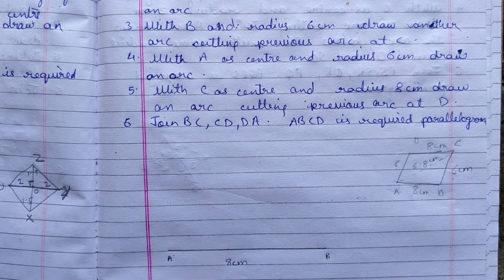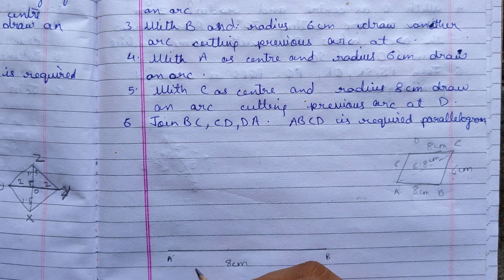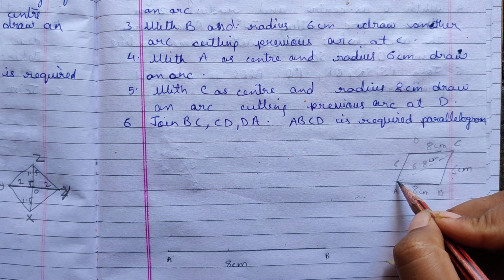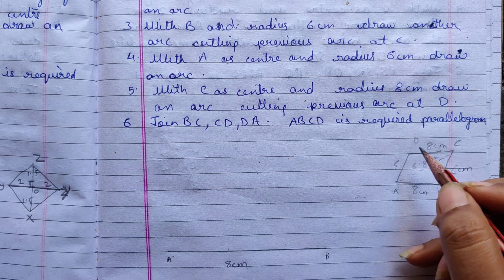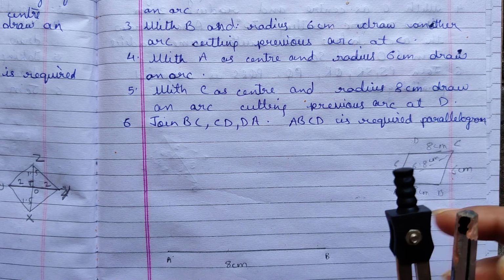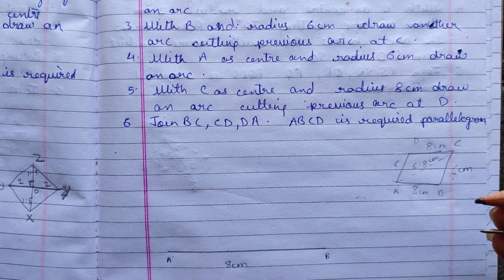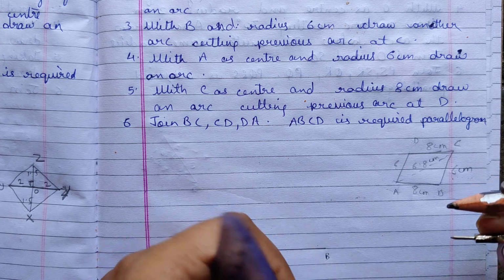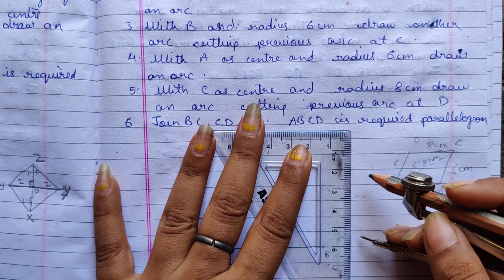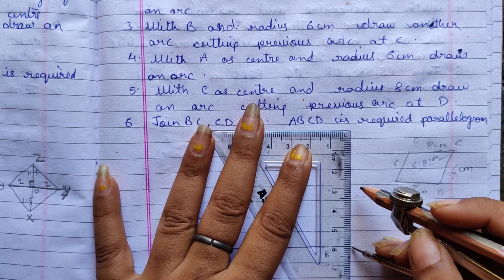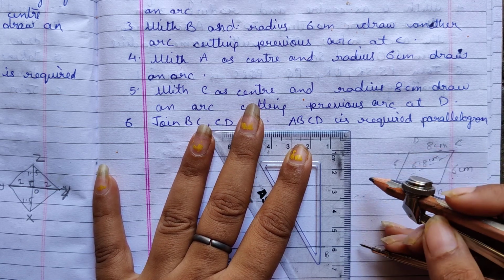Now from A, 2 lines are going on. See, from A to D and A to C. So the length of AD is 6 centimeter. So what we will do, we will take radius of 6 centimeter on our compass. Okay, so 6 centimeter, here it is 6 centimeter.